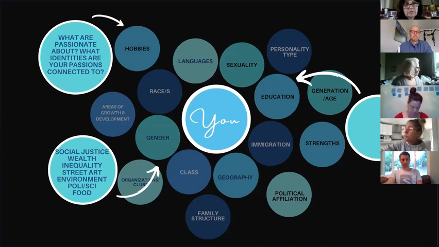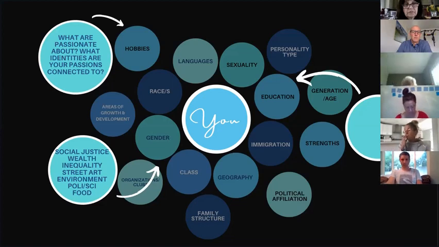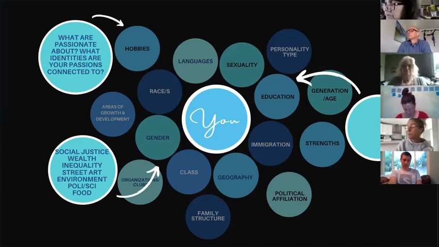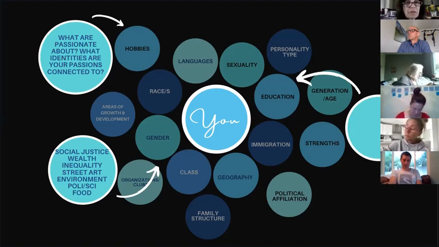Yeah, so I put social justice, wealth inequality, street art, environmentalism, political science, which was my undergraduate degree, and food, which was my job before I became an educator. I put these because they don't seem super explicitly connected to my previous identities.